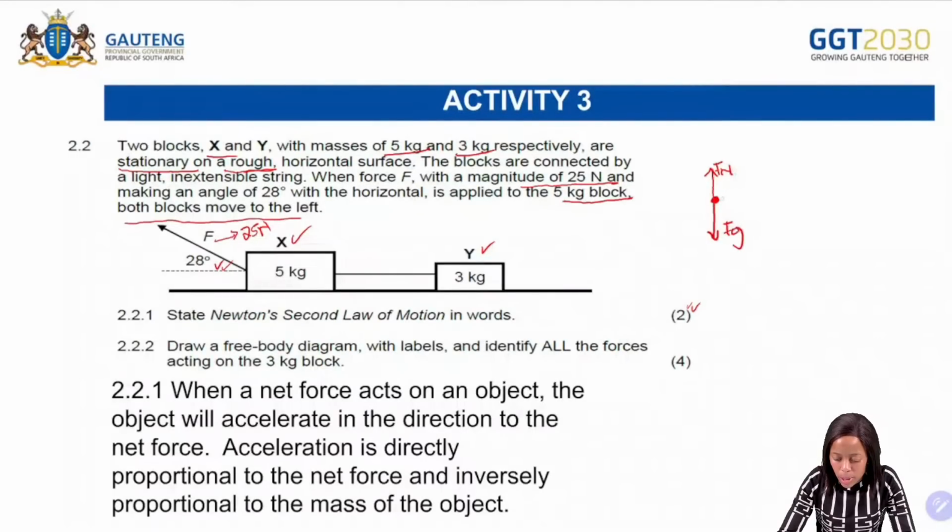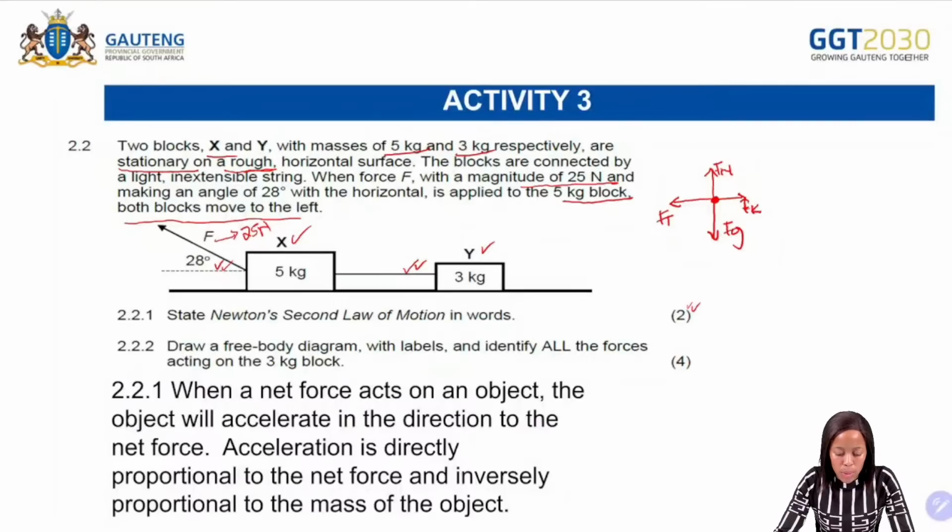Then on the left-hand side, from the rope, we have Ft, which represents the tension. And then on the right-hand side, we have Fk, which represents the kinetic friction.